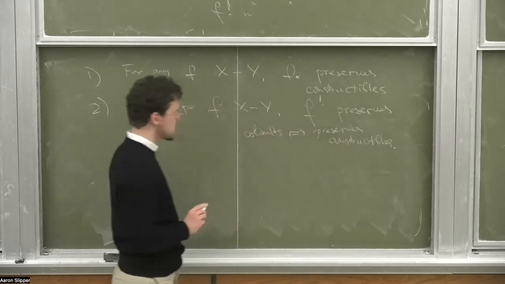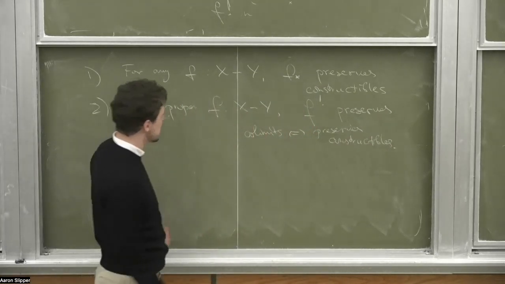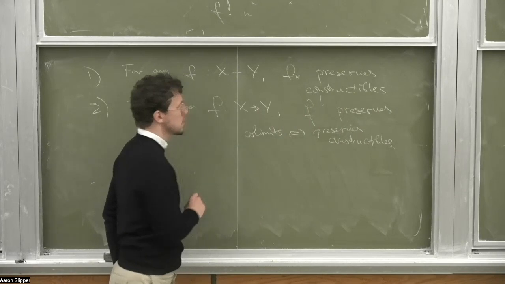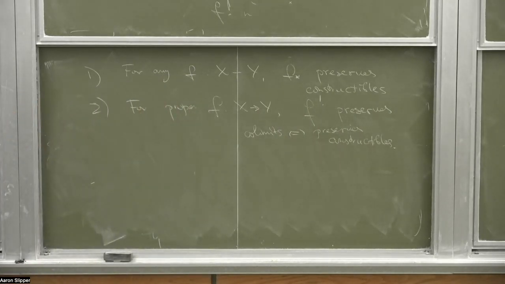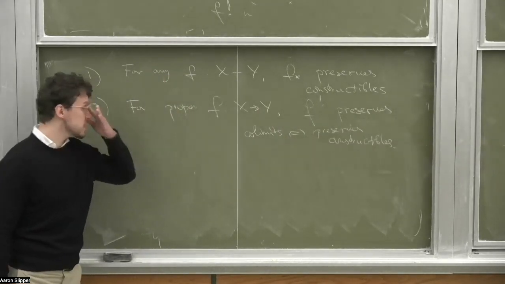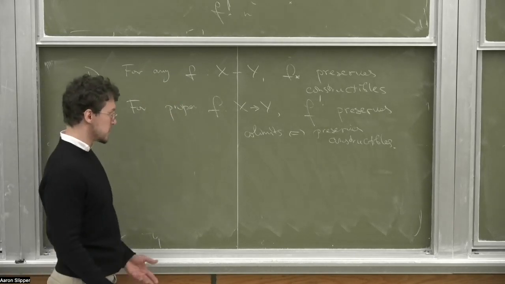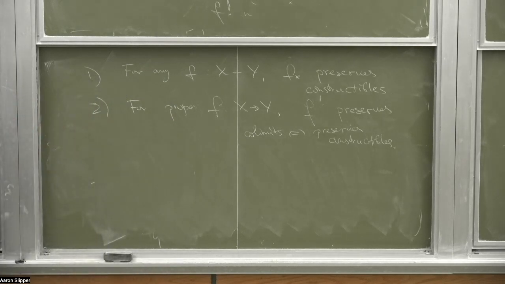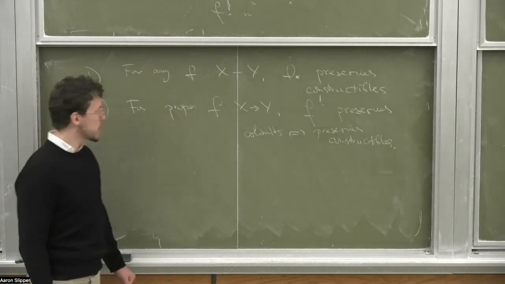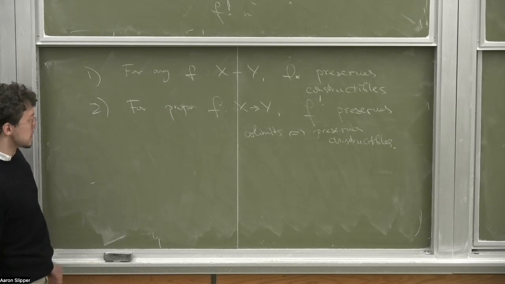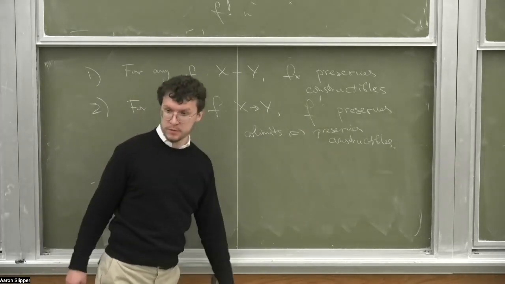The statement is this is very formal. So f upper shriek is a right adjoint. It might not be for limits. It might not preserve constructible objects. But for proper f from X to Y, it does preserve colimits and compact objects.